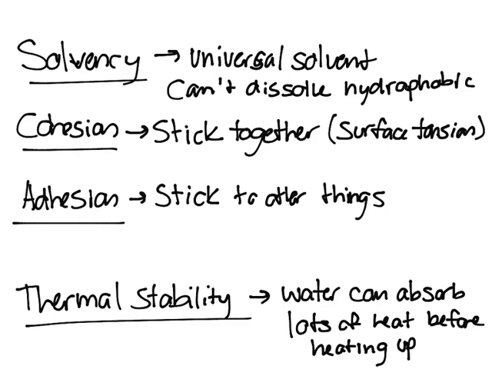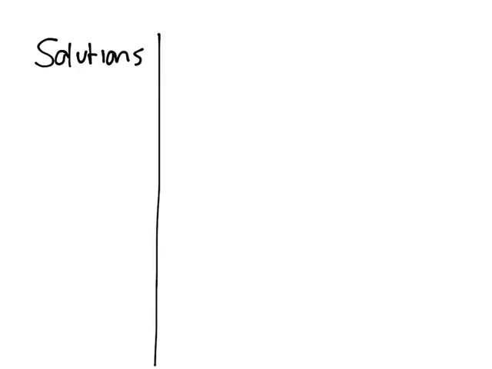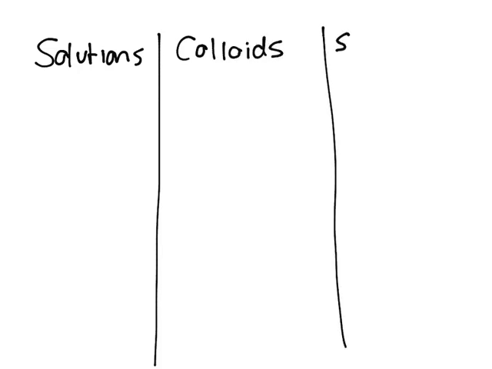And so now let's get back to mixtures in water. So there are three types of mixtures. There are solutions, there are colloids, and finally there are suspensions.